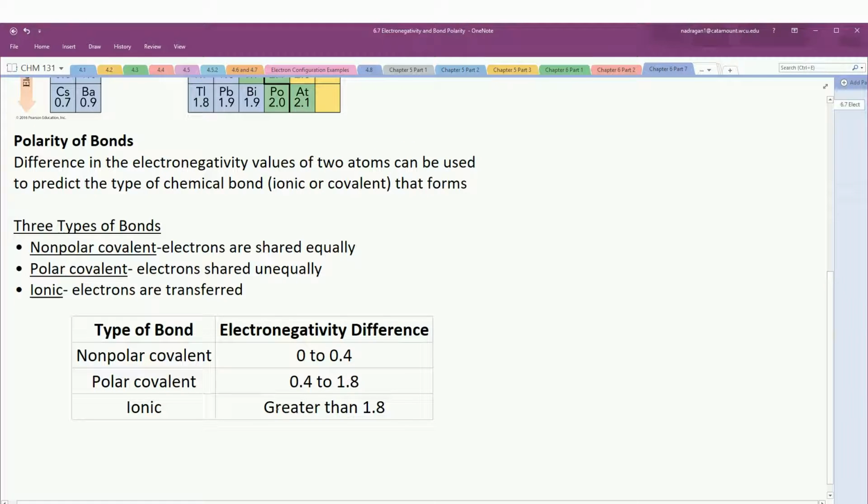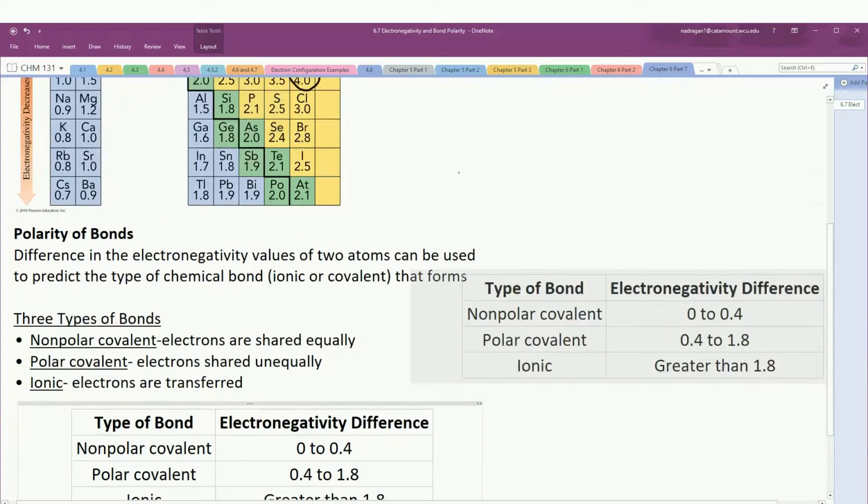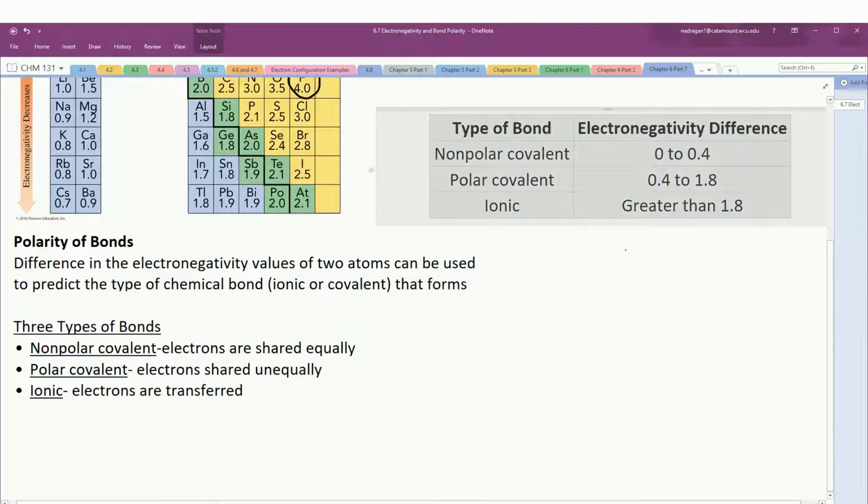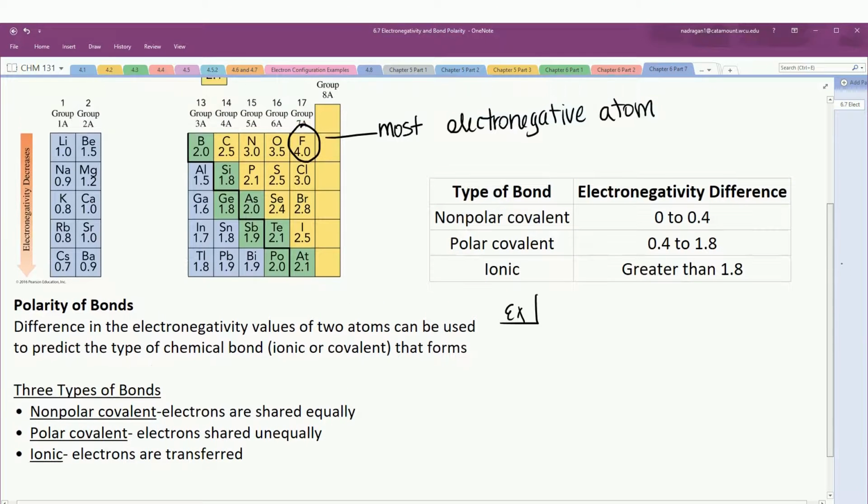And if it's greater than 1.8, then it's an ionic bond. So let's move this table up so that we can refer to it in the next few examples, and we can look at this figure of the electronegativity values.